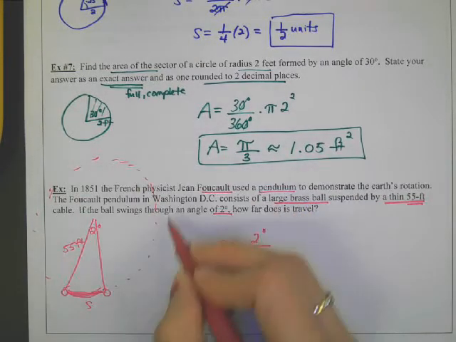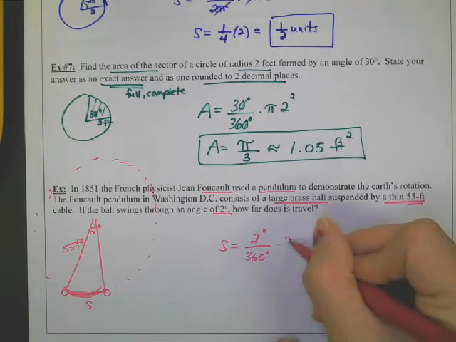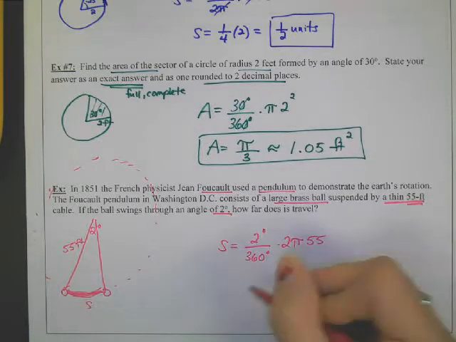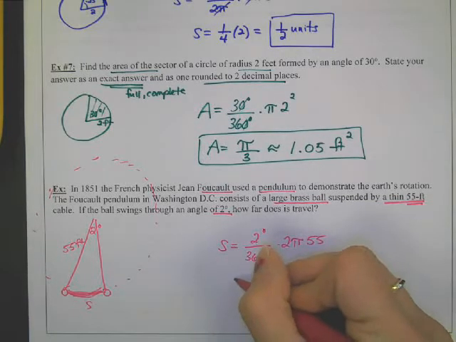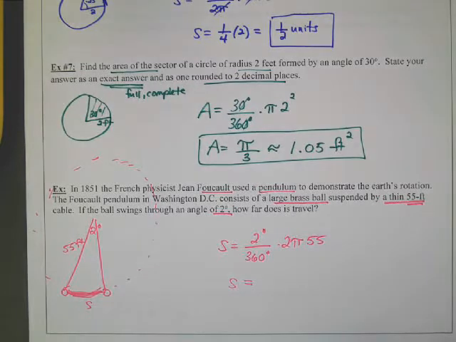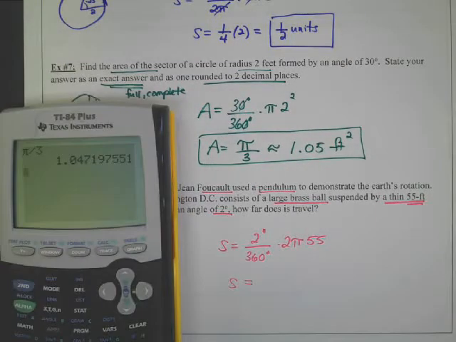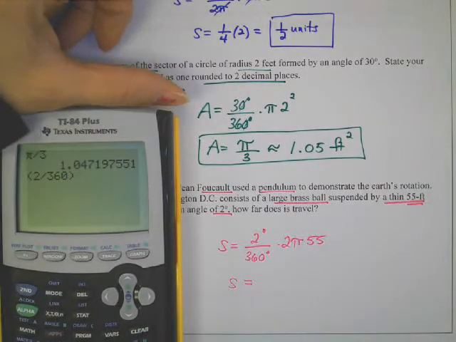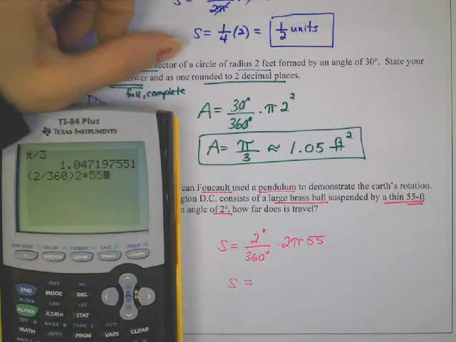And this is circumference, so that would be 2 pi r. So what we're going to do is say the exact answer equals the exact answer. So I'm going to type 2 divided by 360, and then multiply that by 2 pi and by 55.